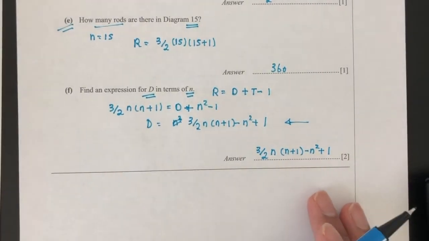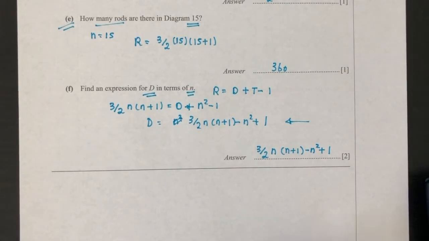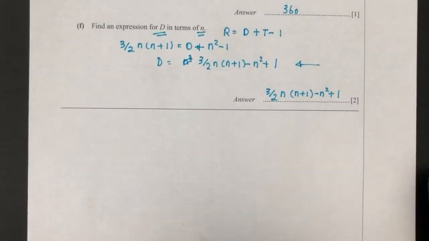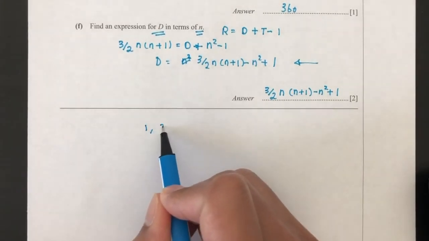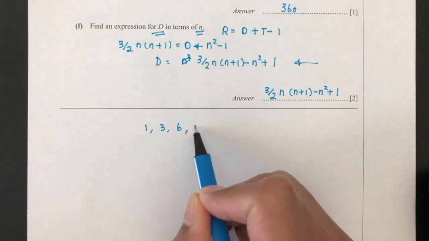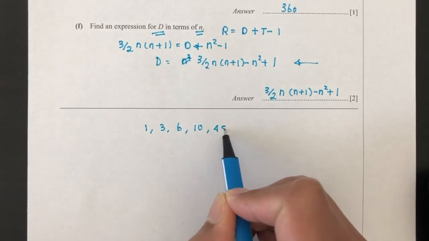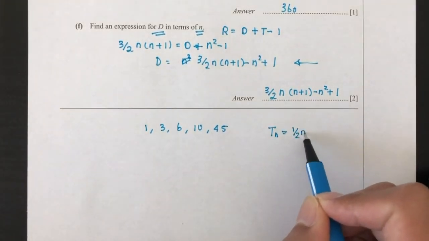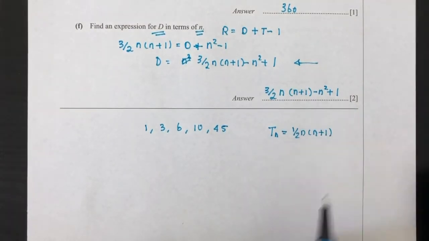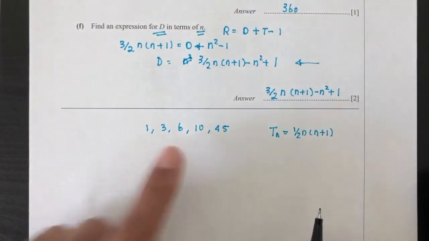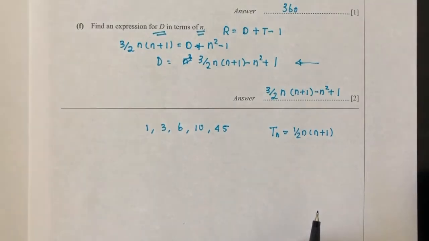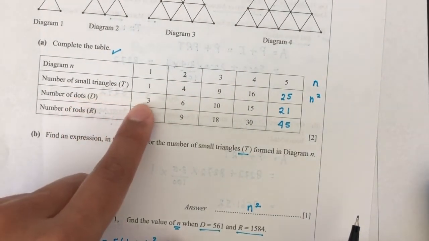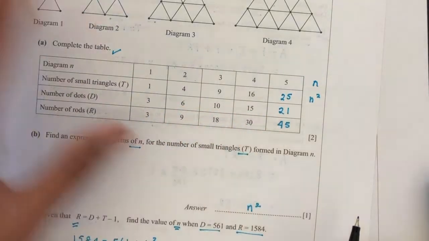If you want to, you can also do something else. If you observe this term here, let's write this down. We have a sequence starting with 1, 3, 6, 10, and 15. The nth term for this sequence is given by half n times n plus 1. But now you observe D. It looks almost the same. D is 3, 6, 10, 15, 21.